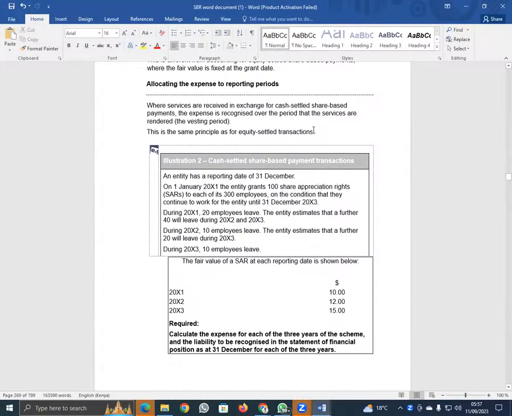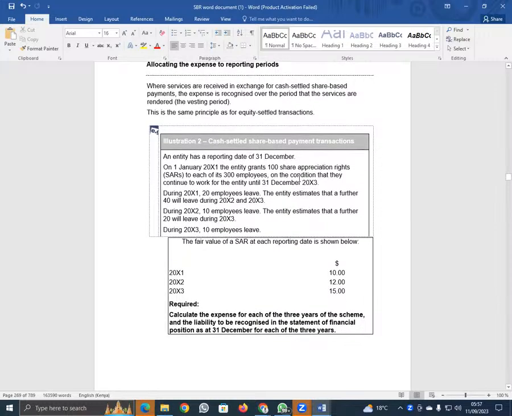The last thing, cash settled. You can write there: cash settled share-based payment. It's here. Cash settled, share-based payment.